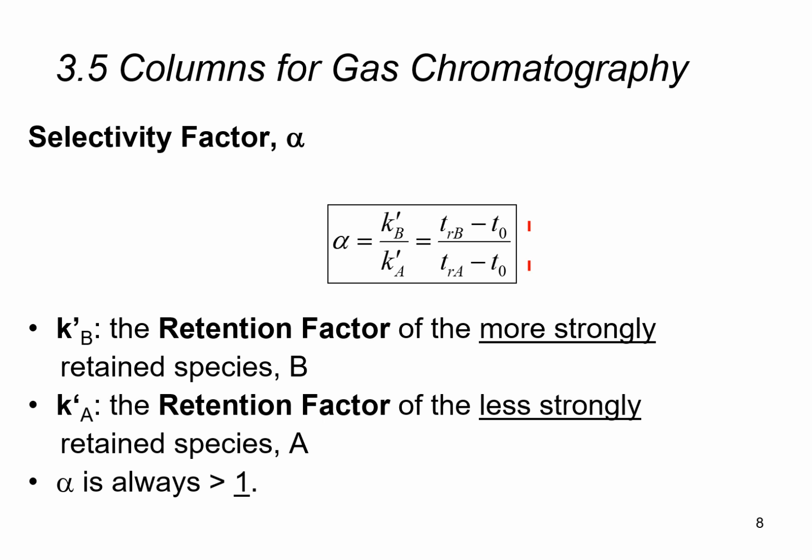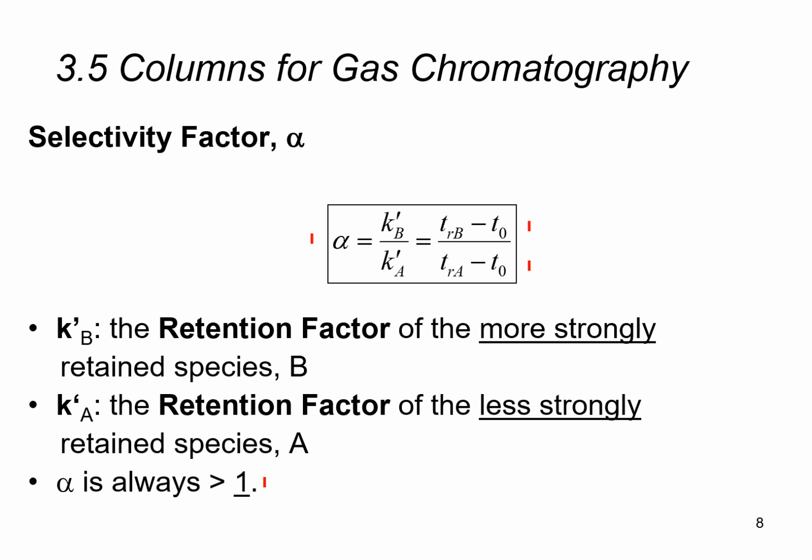And what we would like is for the selectivity factor to be greater than 1. If the selectivity factor is 1, it means that the column is actually unable to differentiate between compound B and compound A, because what it means is that based on the equation, the retention time of compound B is actually the same as the retention time of compound A. Only then can we get the selectivity factor of 1, right?